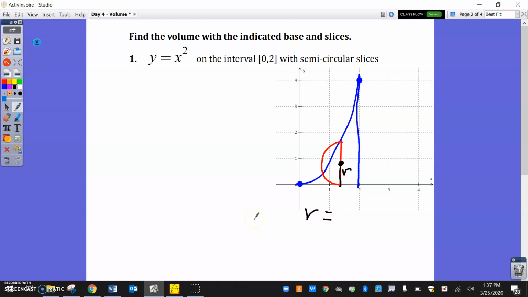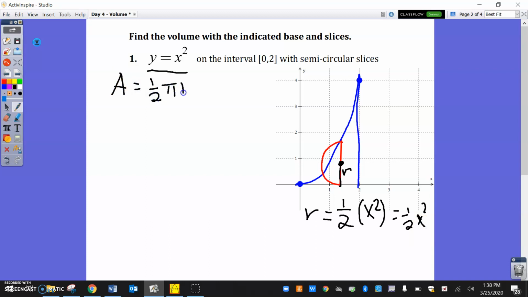So anytime you're doing volume by slices with a semicircle, your radius is always just going to be half of whatever your equation is. So the radius is just going to be 1/2 times x squared, which is just 1/2 x squared. Before I set up my integral, I'm going to look at my area formula, which is 1/2 pi r squared for semicircles, always half of a circle.